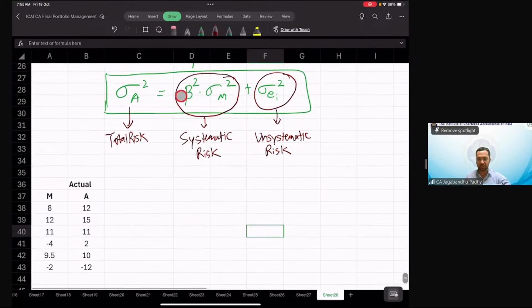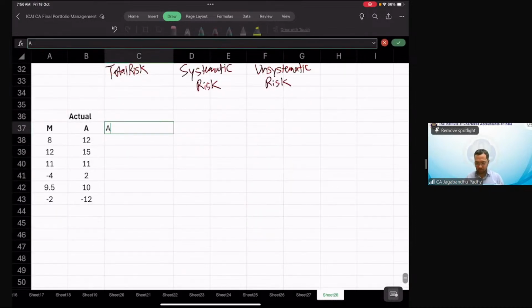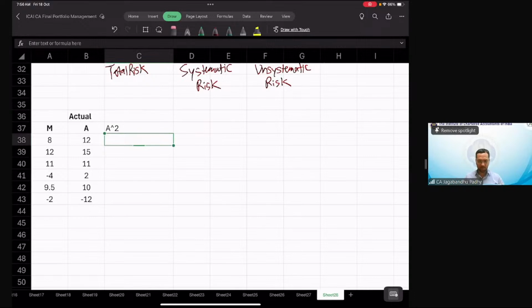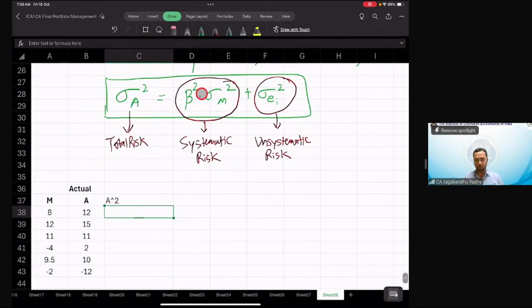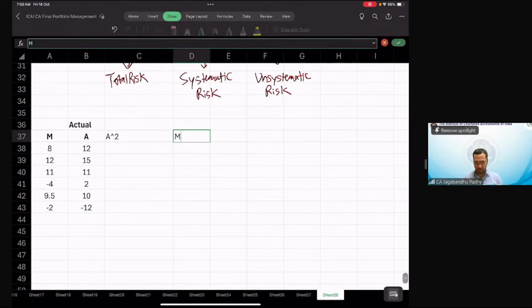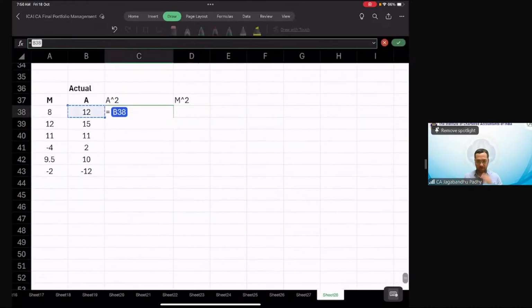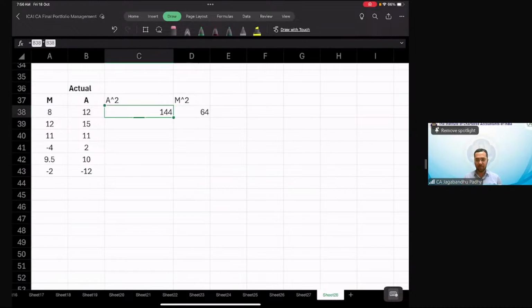To compute the total risk, I need the variance of A. To compute the variance of A, we take A square, and of course we know the beta value. To compute the variance of market, we need to take the market return square. So this is A square, and let us calculate the market returns also.